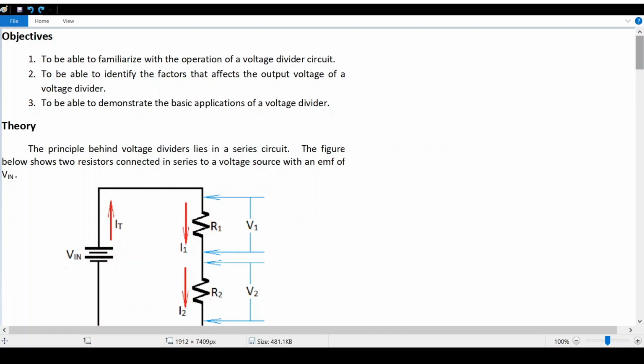This is experiment number 3. This is about voltage divider.